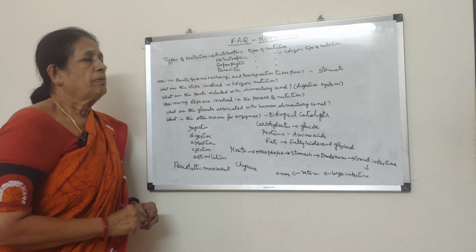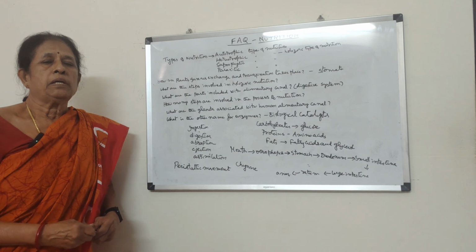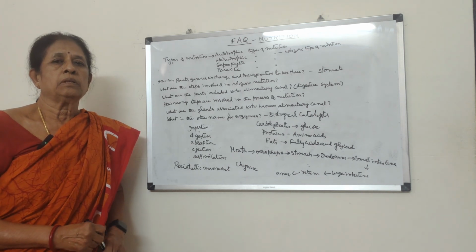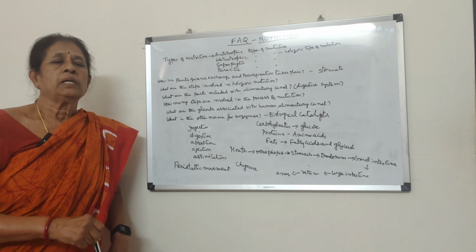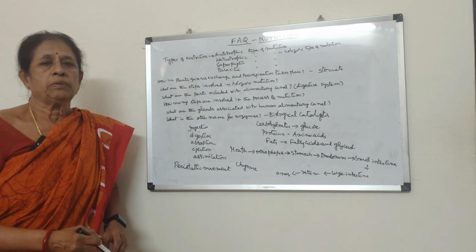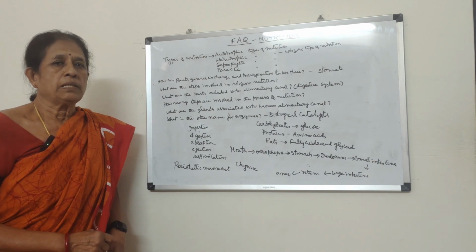And saprophytic nutrition means the organisms which depend on dead parts of plants and animals. They decompose them and get their food, and they are called saprophytic: bacteria, fungi, etc.